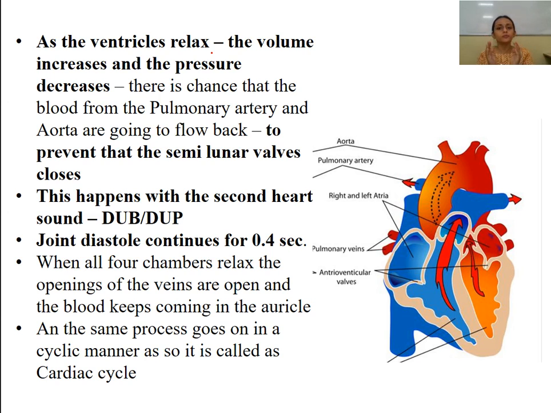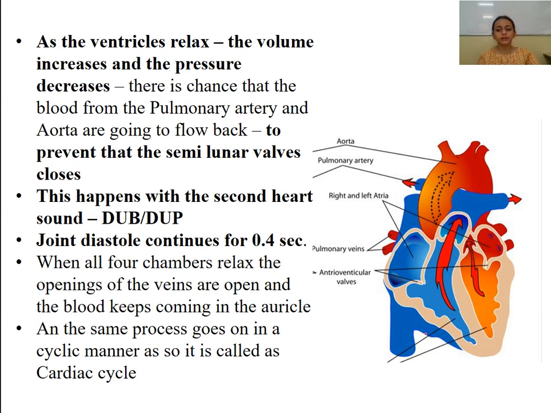That means the volume increases, and when the volume increases, the pressure decreases. And as the pressure decreases, there are chances of the blood that has traveled into the pulmonary artery and the aorta flowing back.